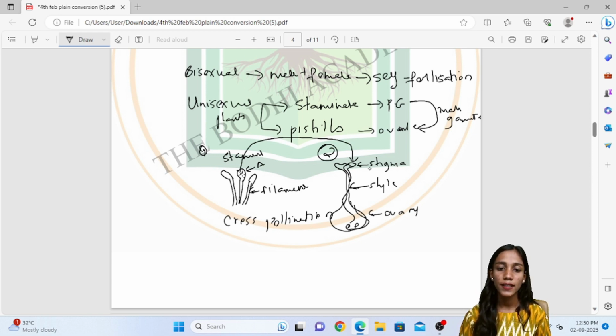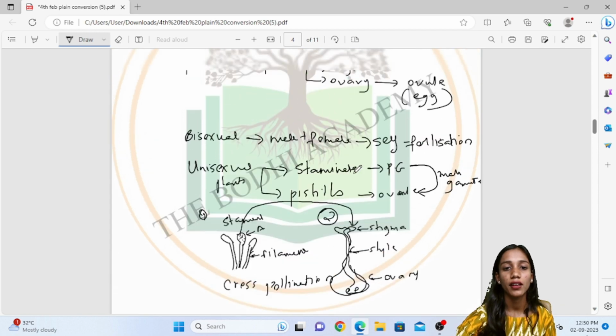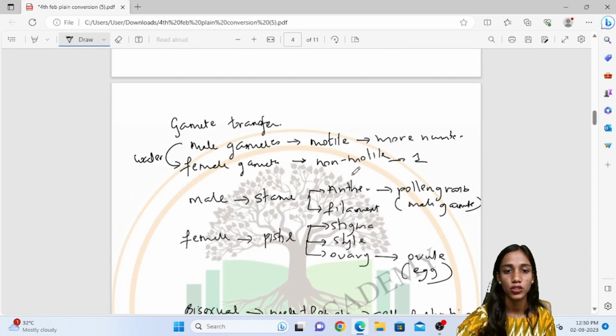But if they are far, mostly they are transferred by pollinating agents such as wind and insects, which take up the pollen grains from the anther of one flower, the pollen grains stick to them, and they then transfer them to the stigma of the next flower. This is how gamete transfer takes place by pollination.